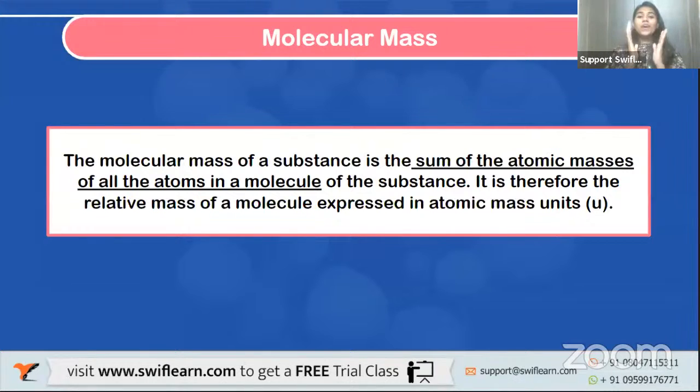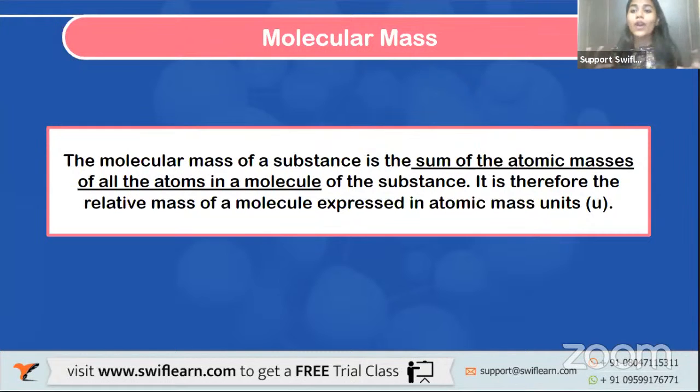So when coming to molecular mass, the molecular mass of a substance is the sum of atomic masses of all the atoms in a molecule of a substance. We already know that atoms combine together to form molecules, yes or no?